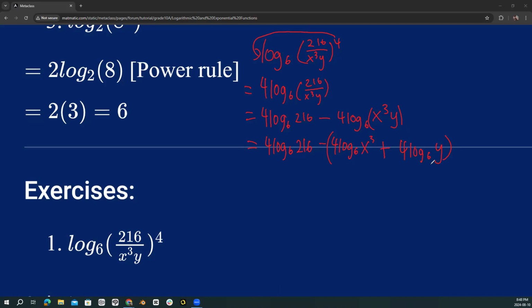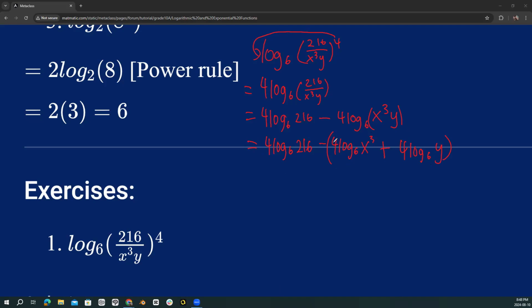And the next thing I'm gonna do is start simplifying this thing here. I'm also going to use the power rule again to just move this 3 here into this.